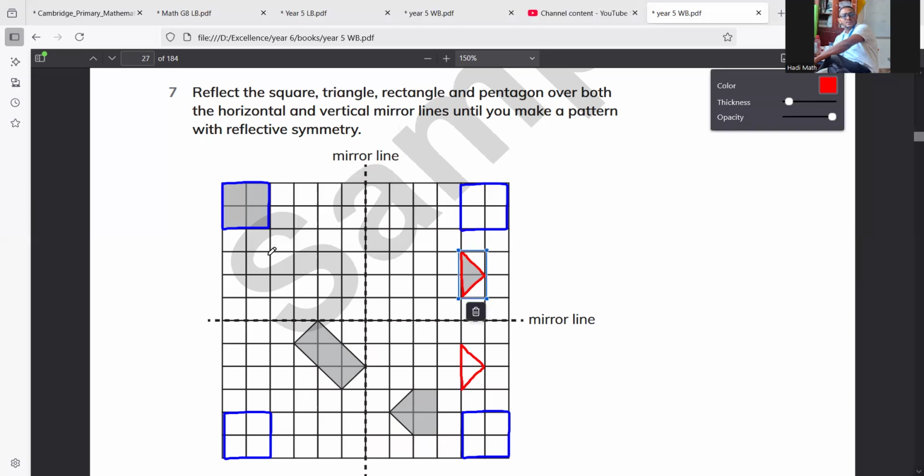You say this will be reflected over here. We count how far it is from the mirror line, and then we reflect it.